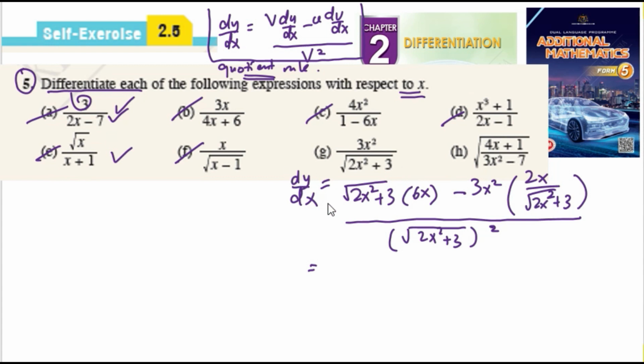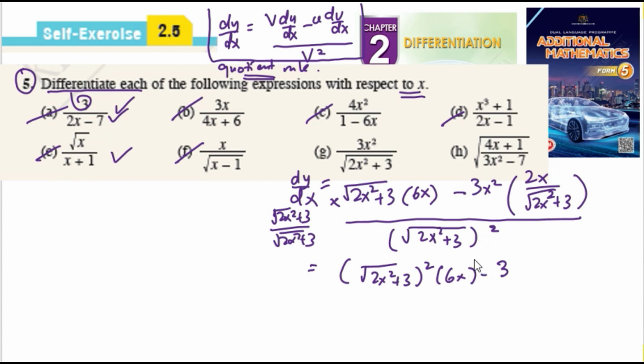So this one will also need to be multiplied by the square root of 2x squared plus 3 over the square root of 2x squared plus 3 to make the denominator equal. So here you will have the square root of 2x squared plus 3, squared. You see here, this one is equal to this one, 6x minus 3.